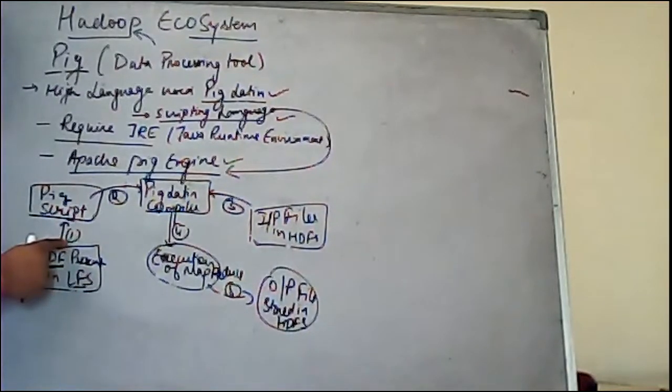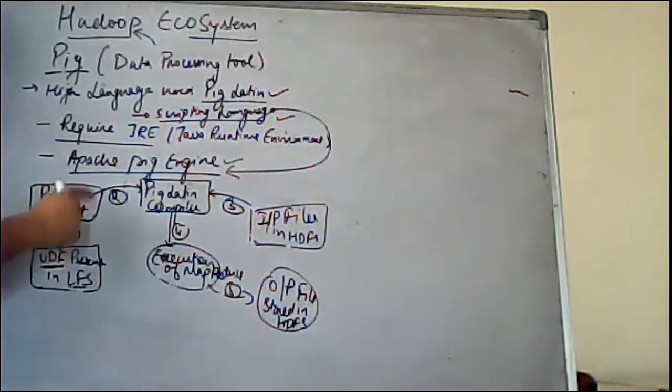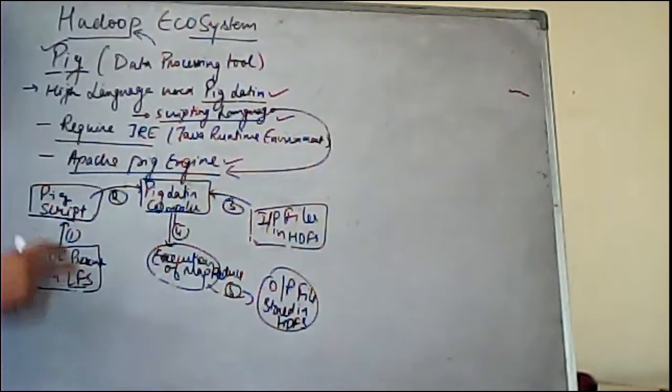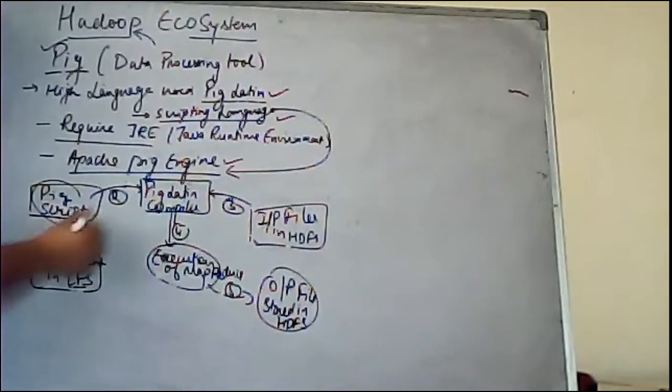After that, a Pig script will be there, and that Pig script will be performed by which tool? The Pig tool, because this is the ecosystem in Hadoop. The Pig tool will perform a Pig script, meaning the values from these programs that are in the form of a scripting language will be accepted by a Pig script.